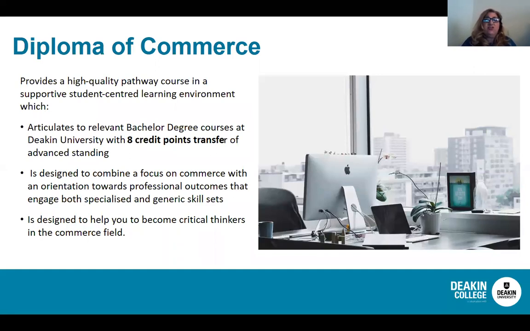Once you achieve the 8 credit points, you'll be able to transfer to the Bachelor of Commerce at Deakin University, second year. The diploma focuses on commerce and also engages in both specialised and generic skill sets. And this course will help you become critical thinkers in the commerce field.